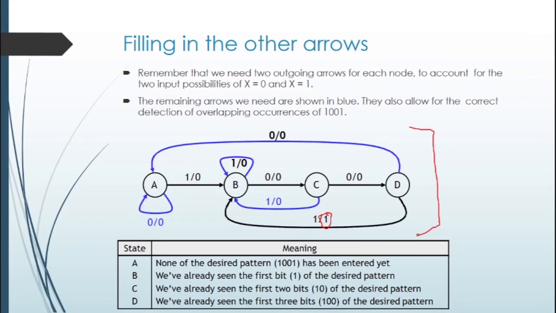These are the 4 states: A, B, C, D. We have an X input and a Z output, so 1 input and 1 output, and 4 states. For 4 states, how many state elements or bits do we need to represent them? Because it's 4, we have 2 raised to the power 2 equal to 4.